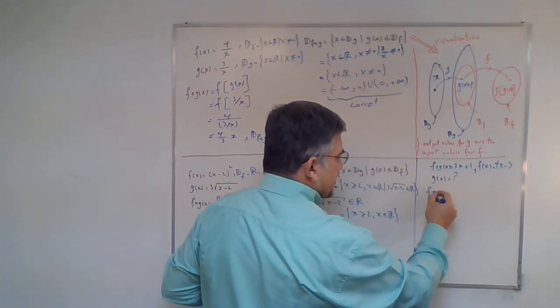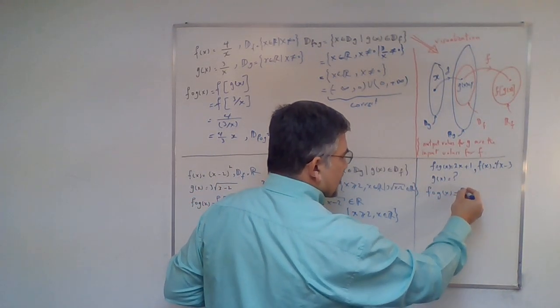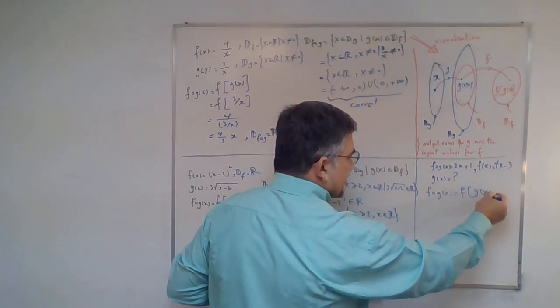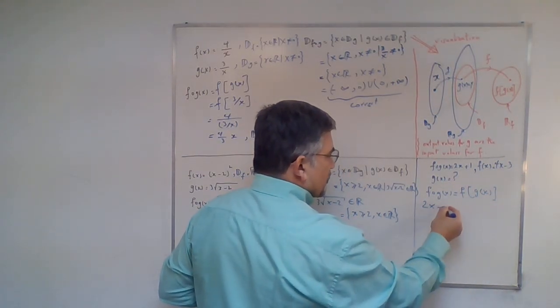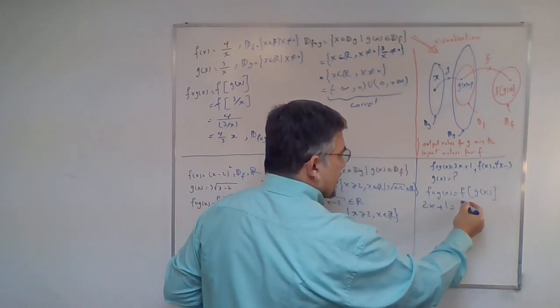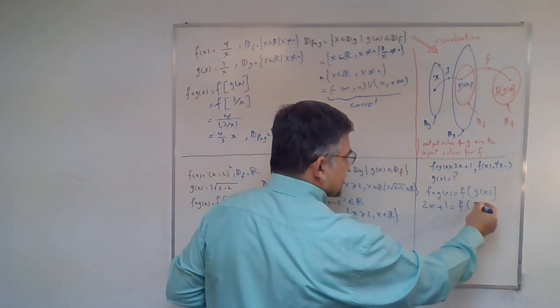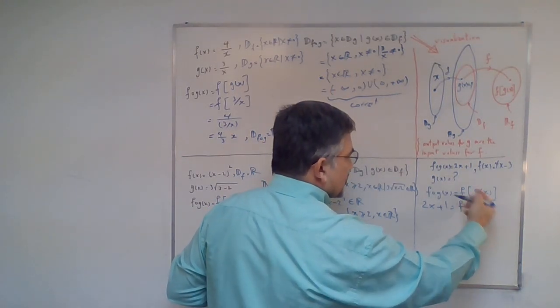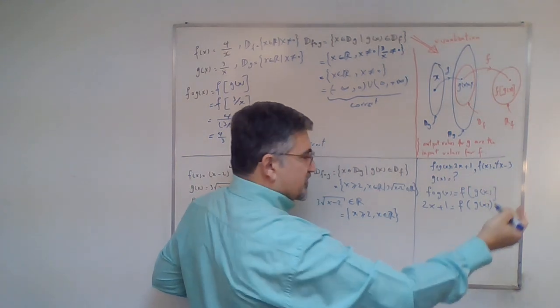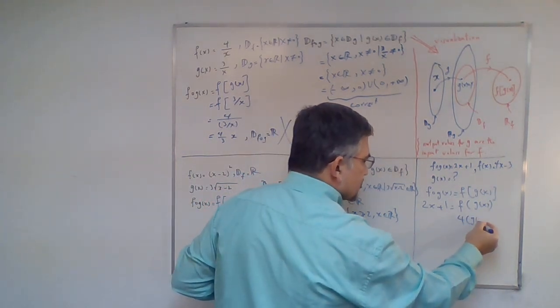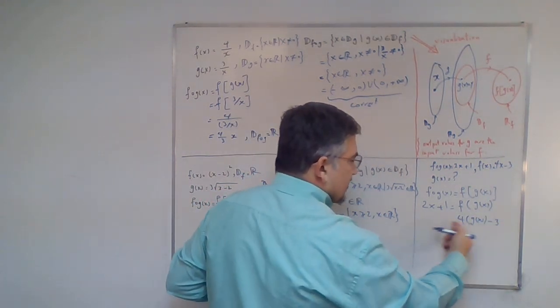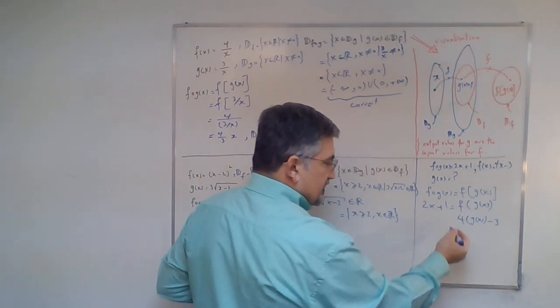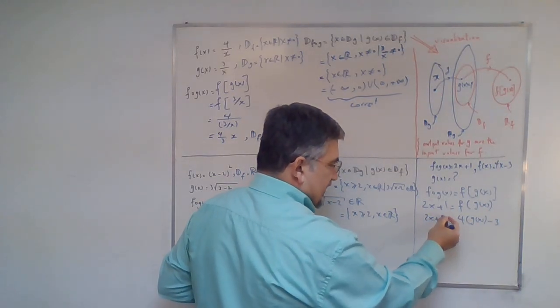So we're going to say f of g of x, first of all, is f of g of x, right? So we know that 2x plus 1 should equal f of this g of x, right? But what is f of x? It's 4 times x minus 3. So 4 times this g of x minus 3 is what f of g of x will be in reality.